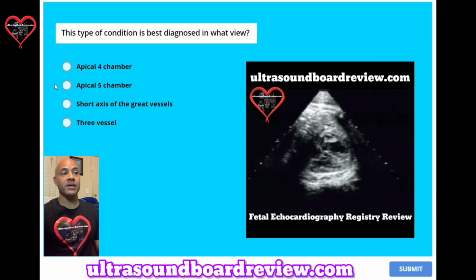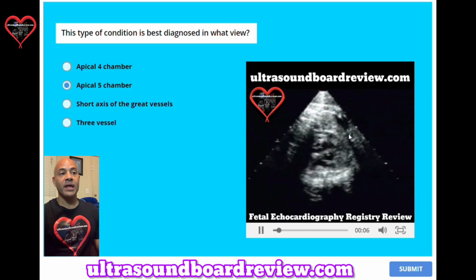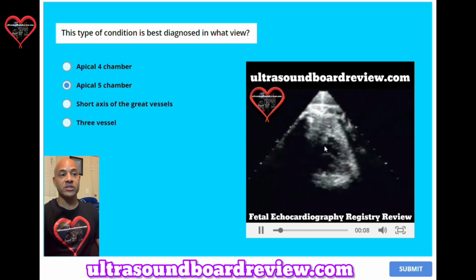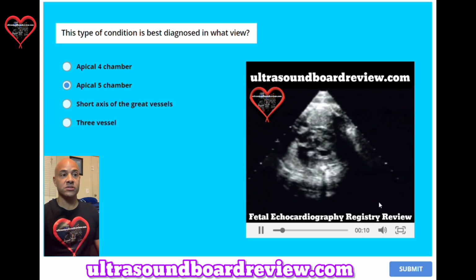The answer is B, apical 5-chamber view. And this ultrasound represents a patient who has truncus arteriosus.